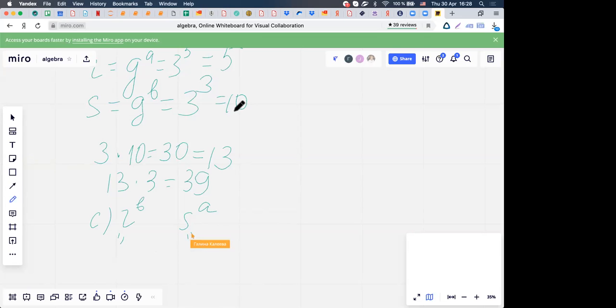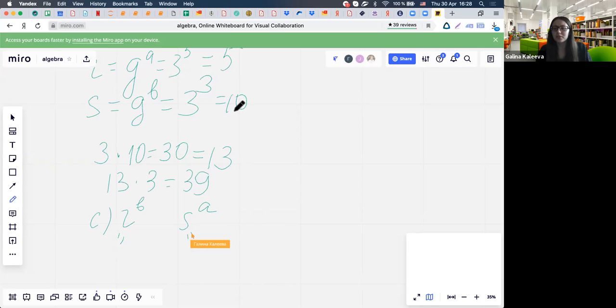By saying "do please," do you mean to do it on the paper, on the board, or what do you mean? On your own. If you want to do it on the board, you may do it on the board. But I suppose that all of you can do it on your own, and we can compare our answers and check whether the answers are the same.